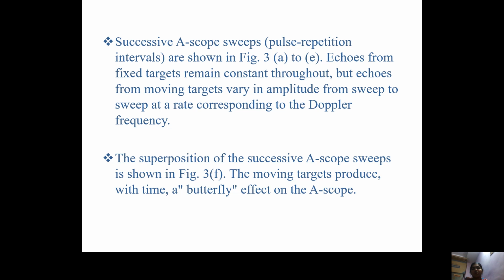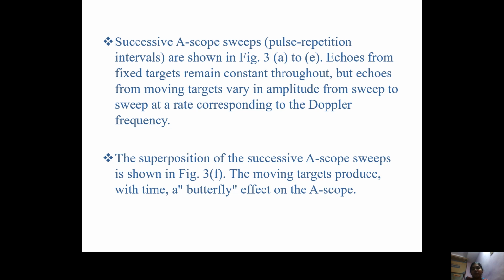Successive A-scope sweeps, which I have shown you from 3A to 3E: the echoes from the fixed targets remain constant throughout, but echoes from moving targets vary in amplitude from sweep to sweep at a rate corresponding to the Doppler frequency. So this voltage varies based on the Doppler frequency shift.